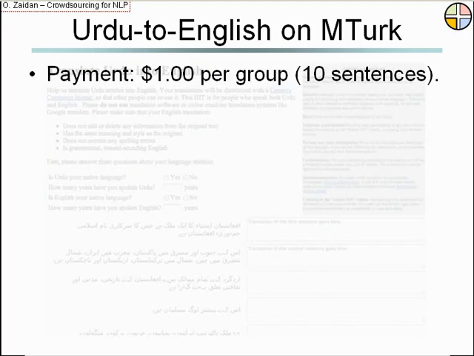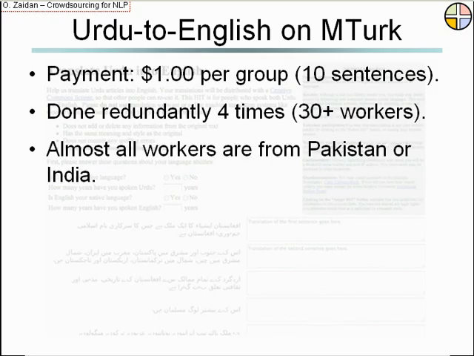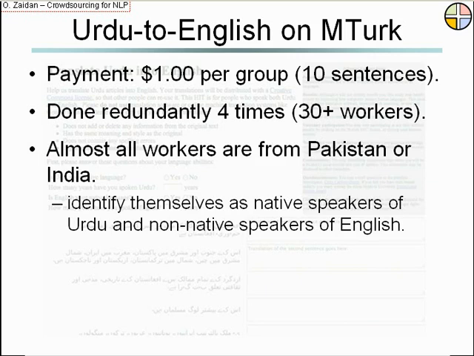We paid $1 for each screen, which had 10 sentences on it, and we had each sentence done redundantly. So we ended up with 4 crowdsourced translations per source sentence. Almost all of the workers were located in Pakistan and India, and they identified themselves as being native speakers of Urdu, but non-native speakers of English, even though English is the language in which they're composing sentences.